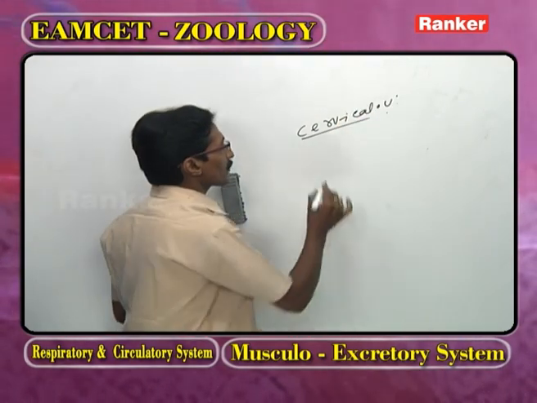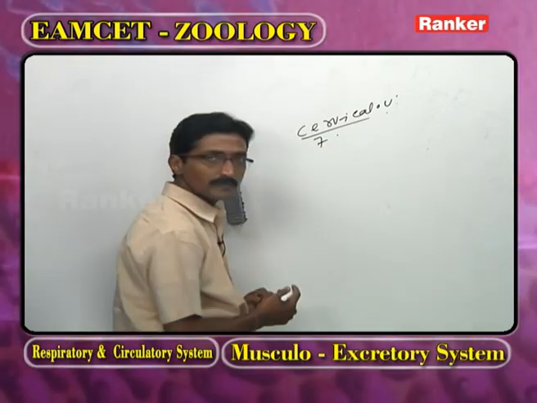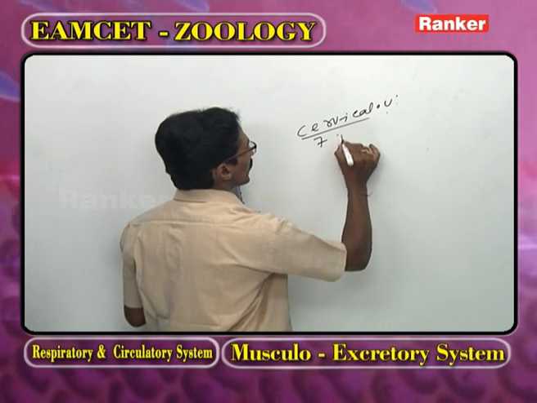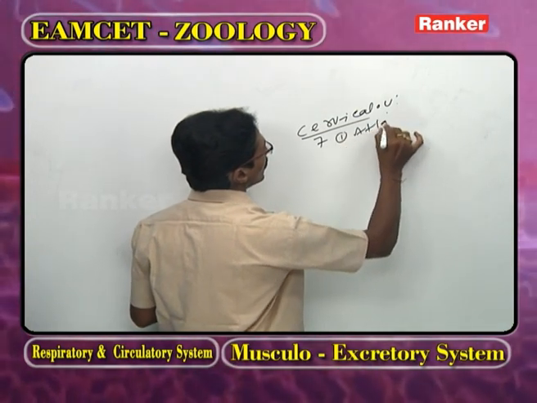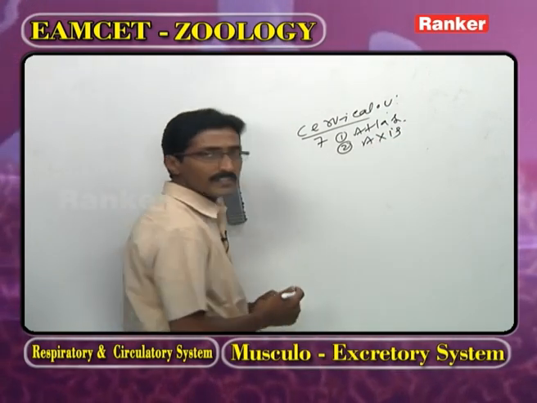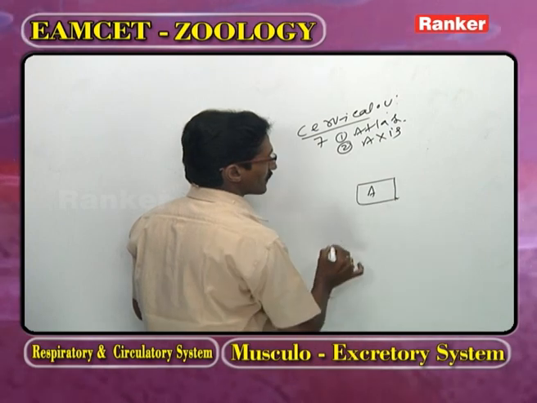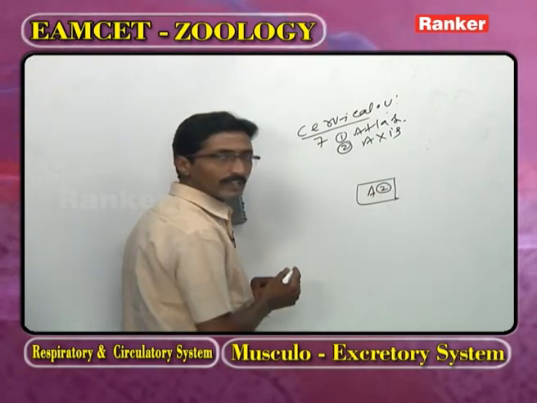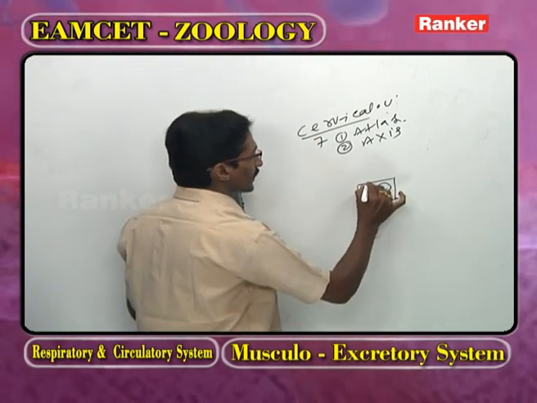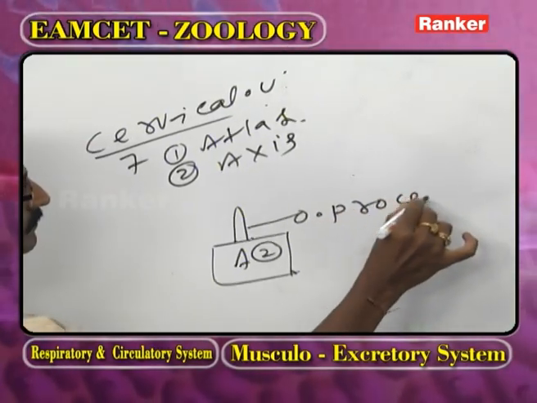In almost all mammals, how many cervical vertebrae are in the neck region? 7. The first cervical vertebra is called atlas. The second cervical vertebra is called axis. It has a projection called odontoid process.